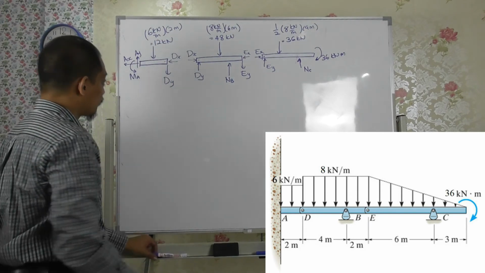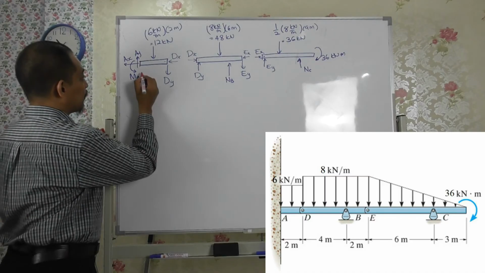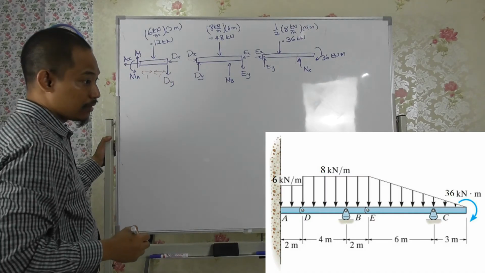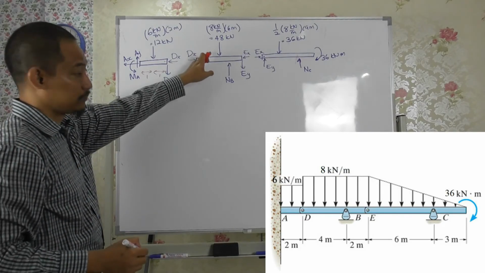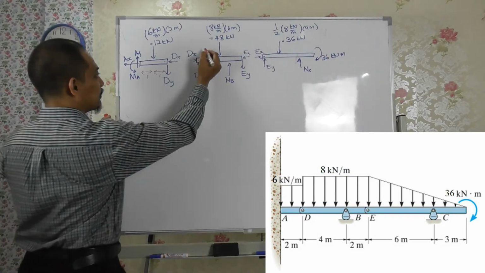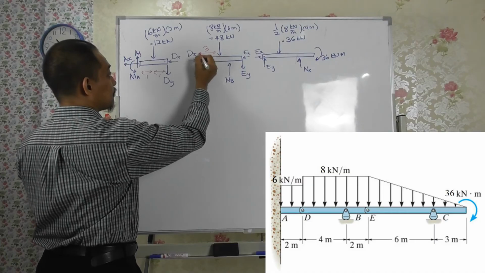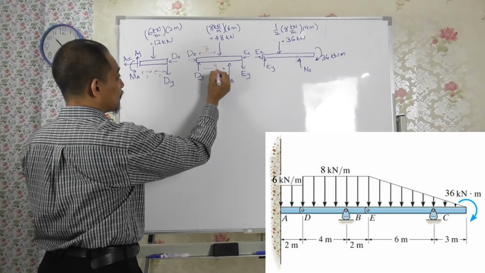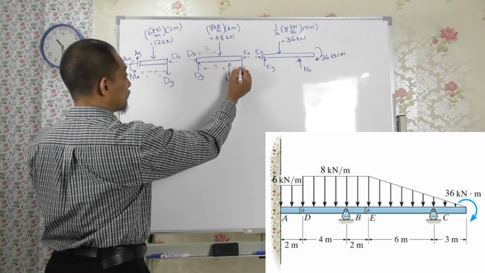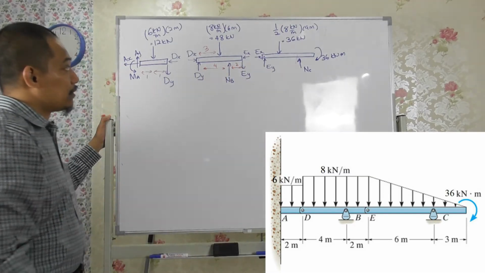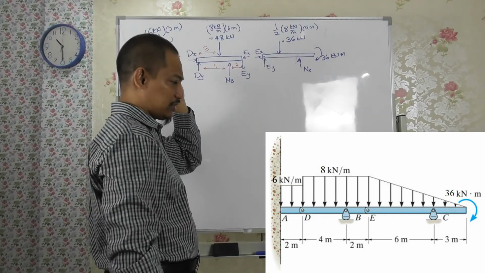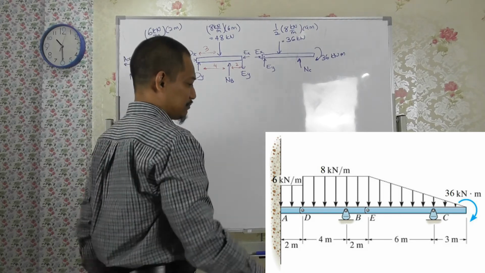So if you consider all the dimensions, this is 1 meter, 1 meter. For this one, this is at the middle, so it should be 3 meter here. For this one, it should be 4. And this is 2, right? There, for the distributed loading, it's 1/3 of 9.